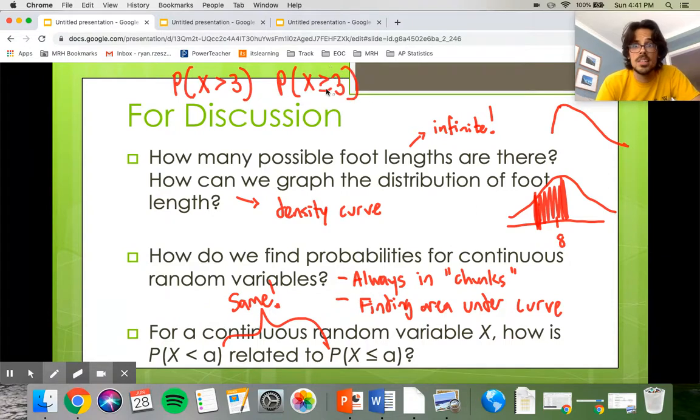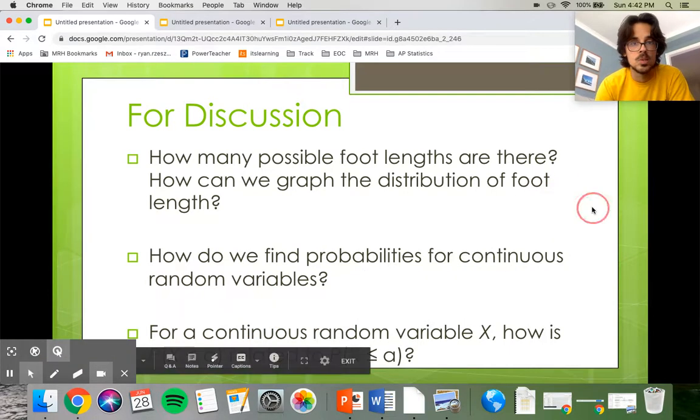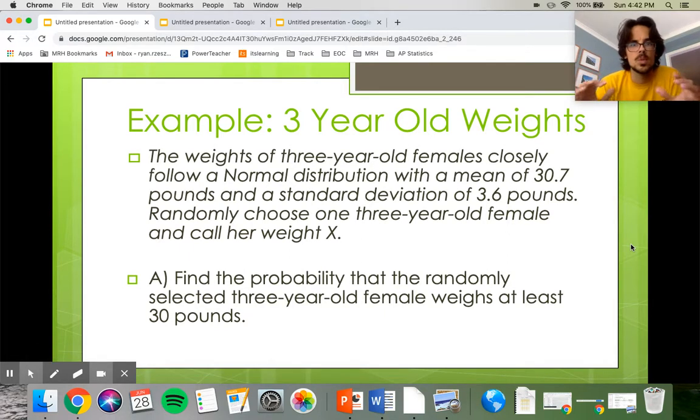And those obviously had 2 different answers because we added different parts of our table together. One of them wanted 3, one of them didn't. But if your variable is continuous, the chances of it exactly equaling 3 are 0. So it doesn't matter if you put the line underneath it or not. You get the same answer either way. Okay? So that is a little bit weird to think about, but they are the same in a continuous situation. So maybe some of this is out there confusing, like you're not really sure what's going on.